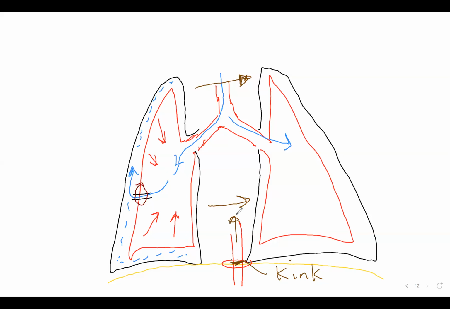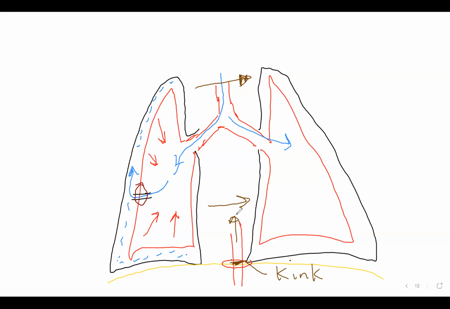Now, the overall features of tension pneumothorax, before we talk about the three classical triad on the X-ray, there are three classical features you need to know on the X-ray of a tension pneumothorax.